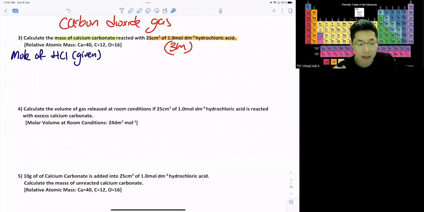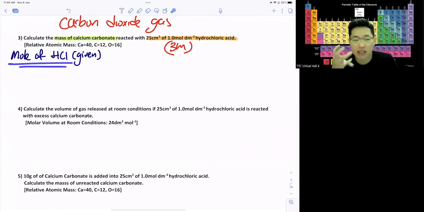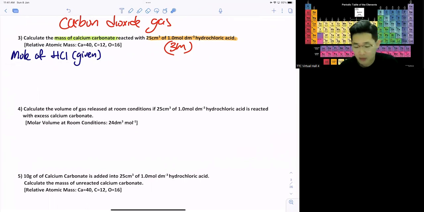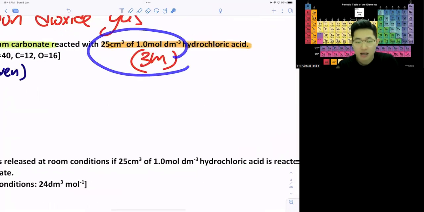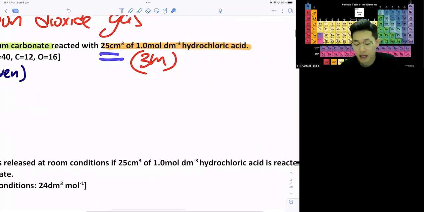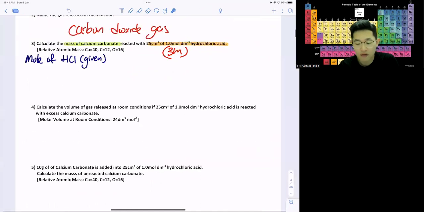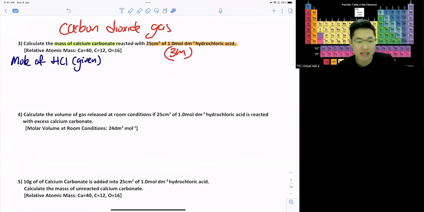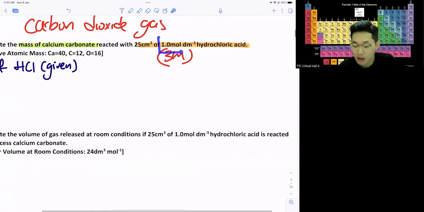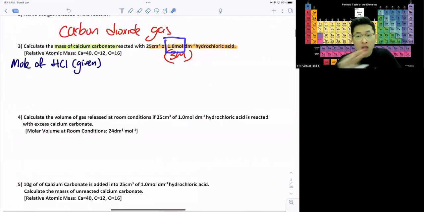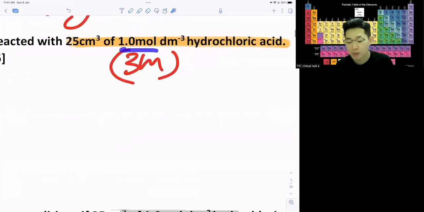When you are writing your answer, please remember to write clearly what you are doing. Don't straight away write the calculation. Let people know, okay, I'm calculating HCl now. So they gave me volume and concentration. A very silly mistake that students make is they straight away take this 1.0 as their mole. No, this is mole per dm cube.